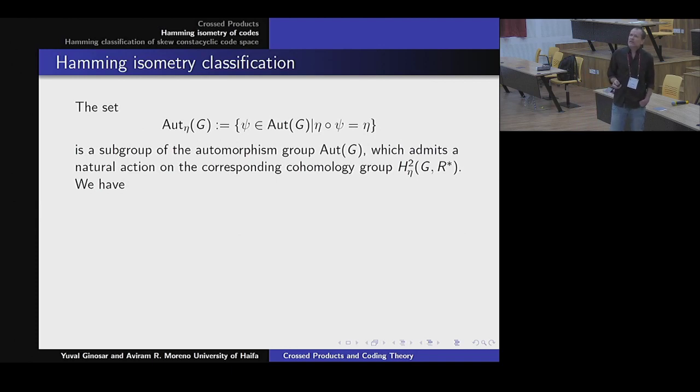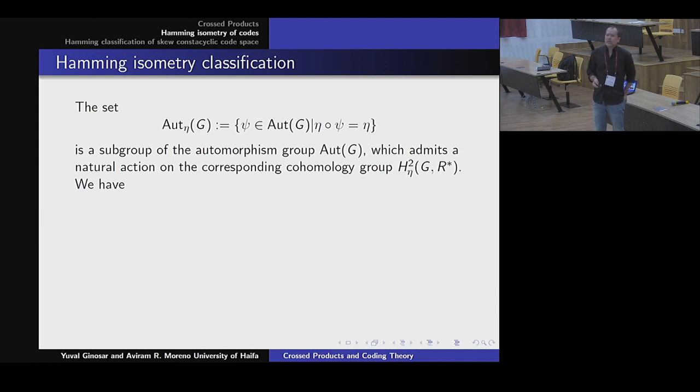Okay, this is a lemma. There is a subset of automorphisms of G which are compatible with eta, that is, automorphisms of G such that eta composed with these automorphisms is again eta.